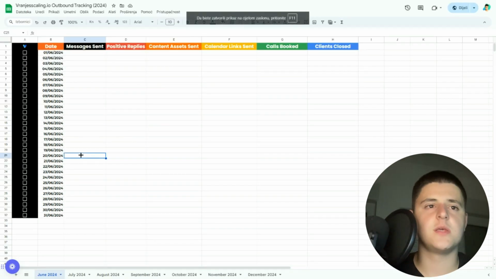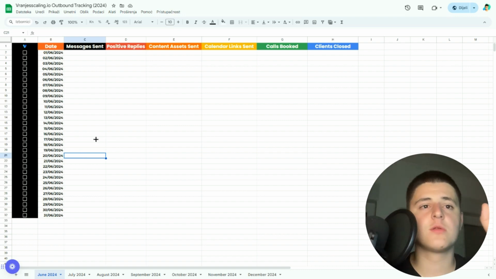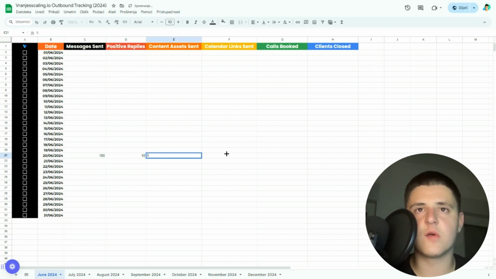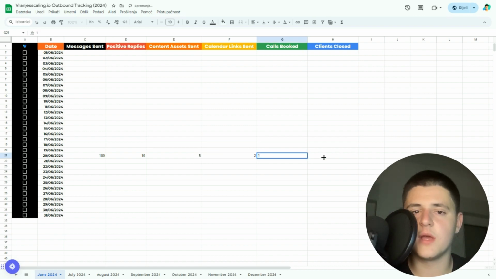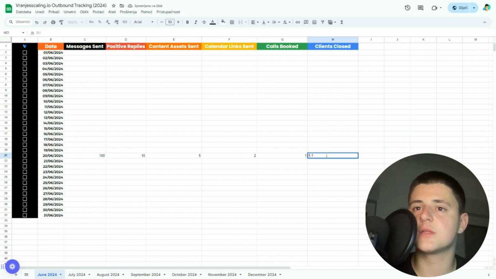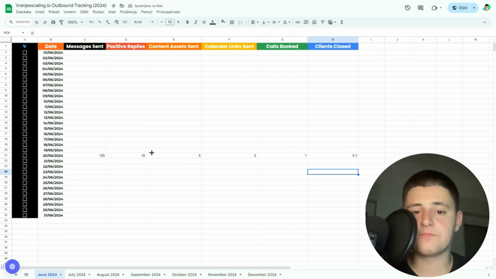For example, if I put 100 messages here, I got 10 replies. I sent 5 content assets. I set 2 calendar links and booked 1 call and closed maybe 0 to 1 client if the client is qualified. And this is how we leverage the metrics, and you need to show up here every day, and you're going to scale this easily.